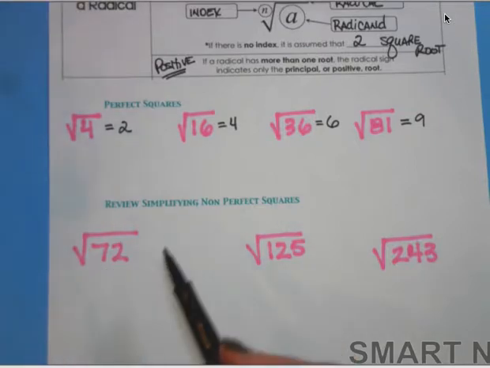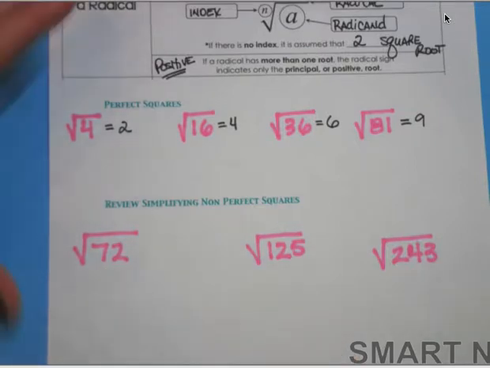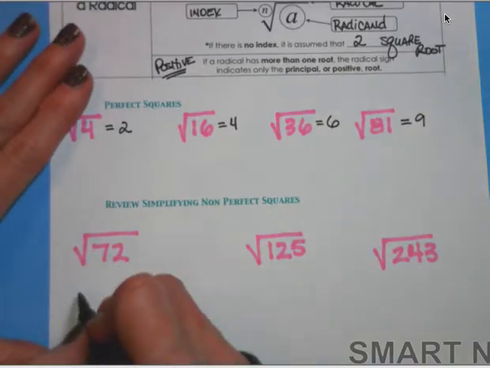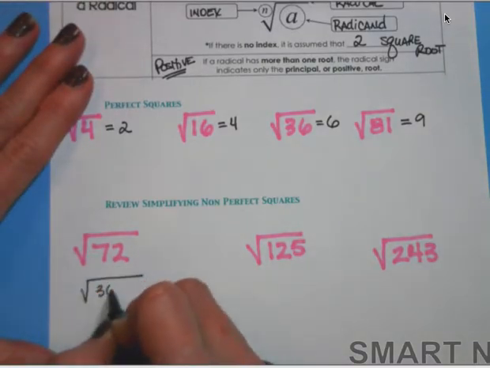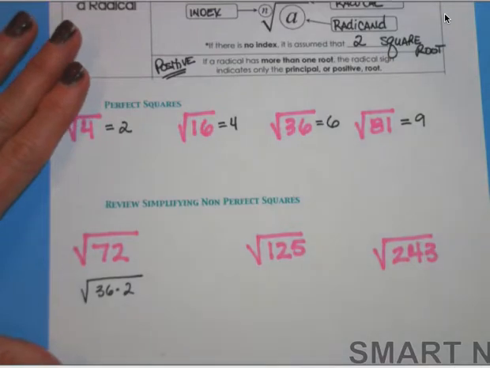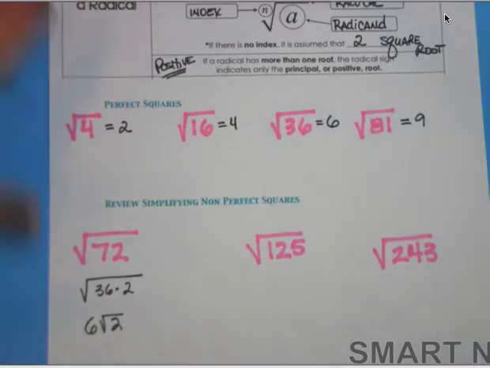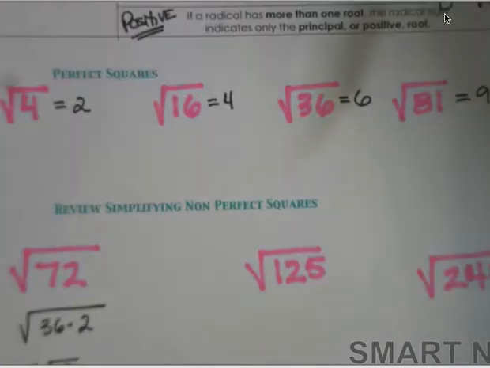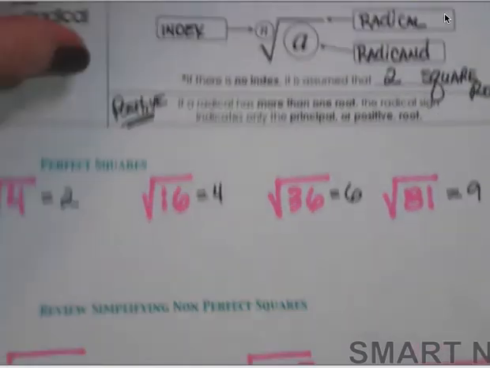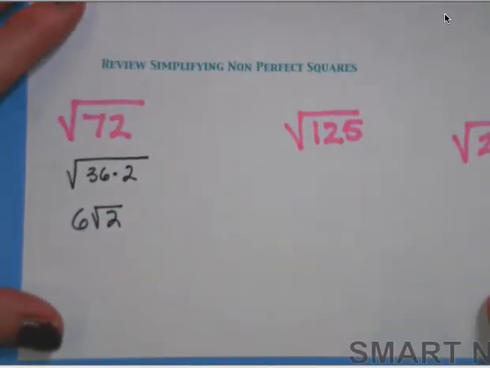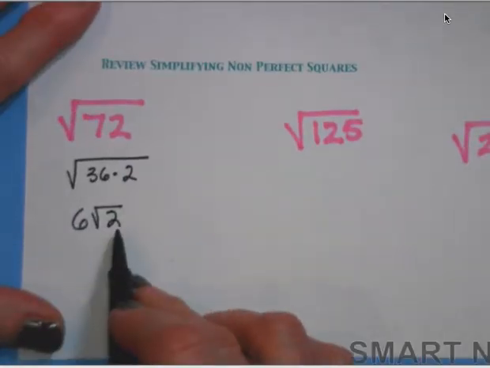So all of the perfect squares need to be removed from the radical. 72 is 36 times 2. 36 is the perfect square. The square root of 36 is 6, and 2 remains underneath the radical. So the reduced radical form of the square root of 72 would be 6 radical 2.